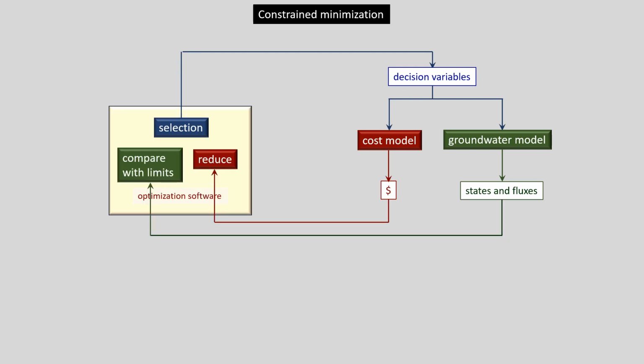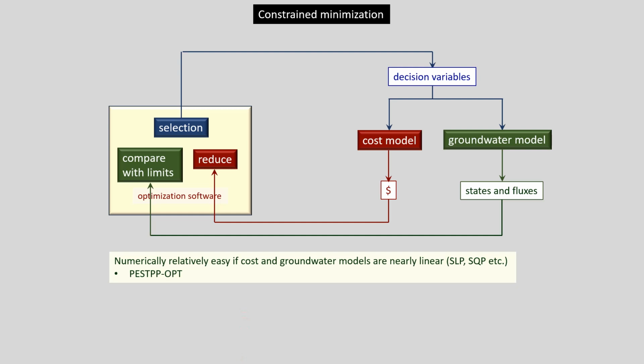Then some kind of optimization software is going to look at the cost, try to minimize it. It's going to look at the outcomes of the groundwater model and compare them with the management objectives that we want to achieve, and then try to reduce those costs constrained by the fact that we want to achieve our management objectives. This is constrained minimization. And this is the task of this kind of optimization software.